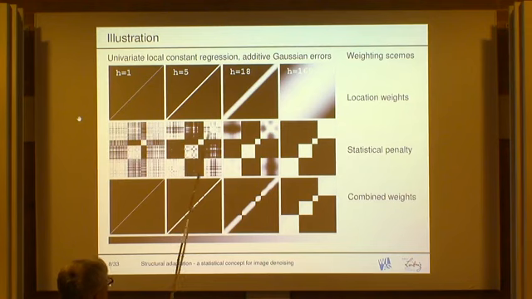And if you increase the bandwidth, if you go up in the sequence of bandwidths, then what you end up with is a clear segmentation that shows up in the statistical penalty. So this is accumulating information about separation. And if you combine the weights, then what you end up with is clearly a segmentation of the design into 4 homogeneous regions here.